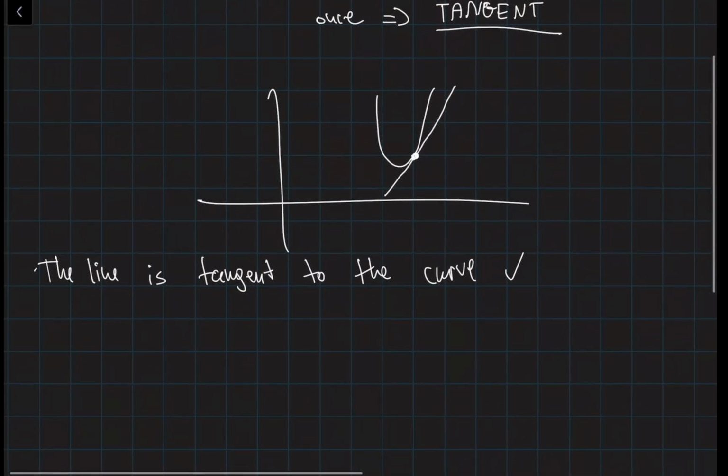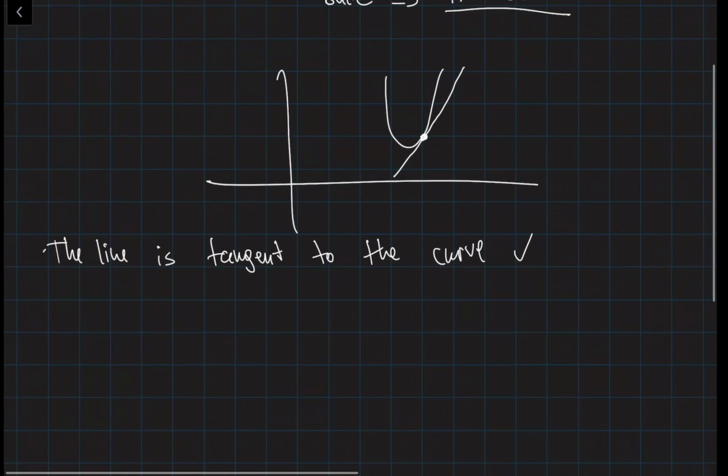But there's also another way of saying this. If we had the equations of the line and the curve and solved them by equating and finding the points of intersection, we would only get one answer, because they intersect at exactly one point.